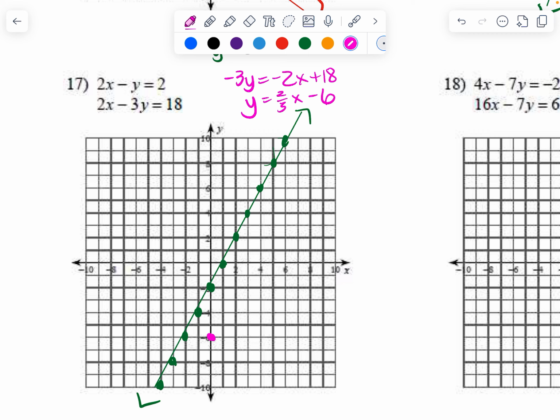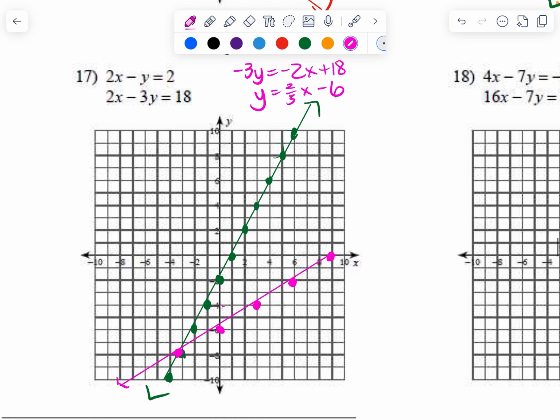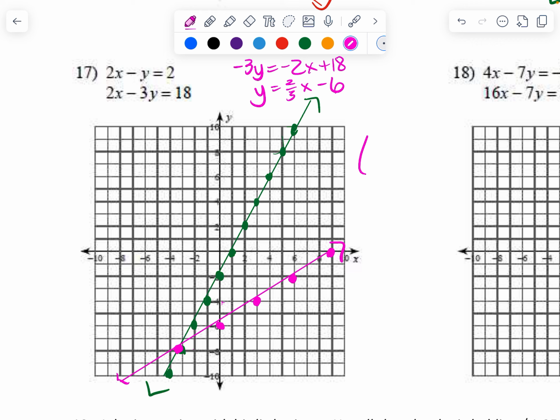I have a slope of 2/3, so up 2 to the right 3, or down 2, 1, 2, 3. Look at that, they ran into each other. Okay, what's the point that they ran into each other? That looks like -3, -8.